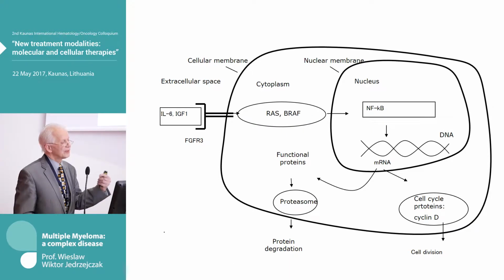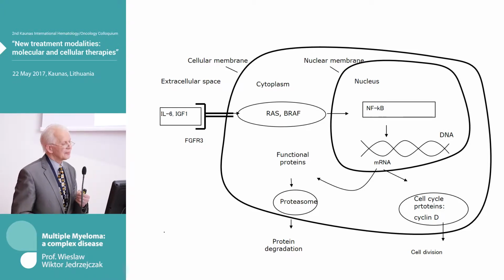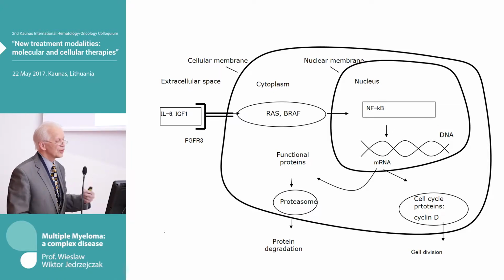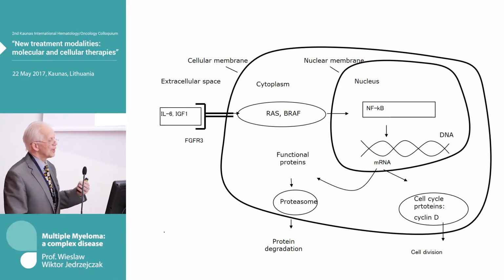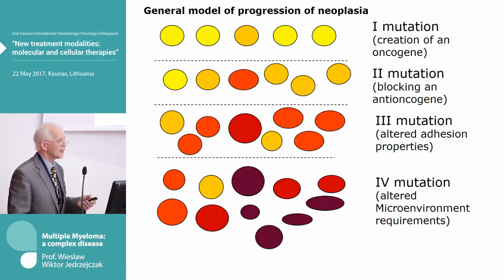Actually, all genes of this pathway could lead either to the occurrence or to the aggravation of the course of multiple myeloma. So these could be genes activated for various growth factors or growth factor receptors, or signal transduction molecules or transcription factors, and also genes for cell cycle proteins such as cyclin D1.